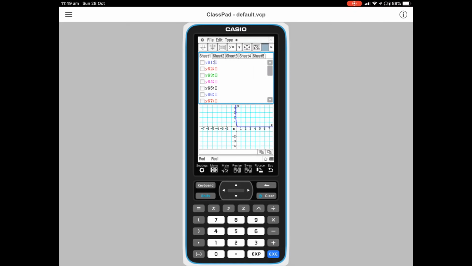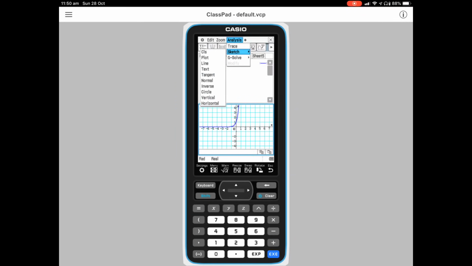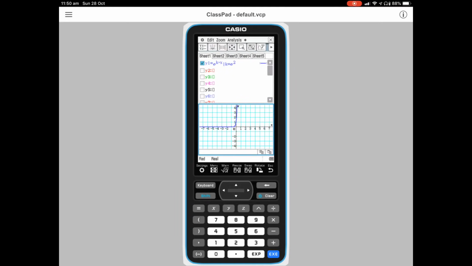So, given k is equal to e first. So sketch it and then sketch its inverse. Nope. E squared. Nope. I'm going to zoom in.